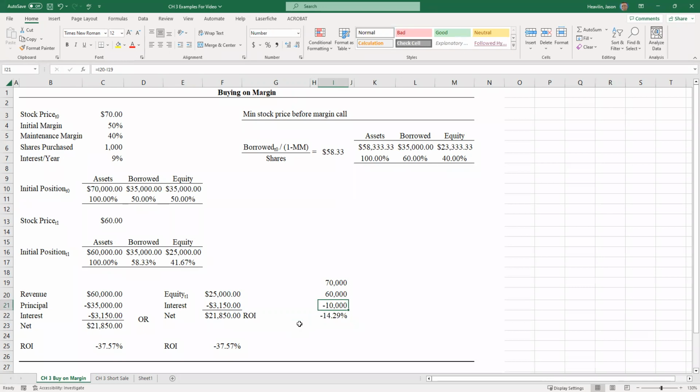Now, that's to show you how financial leverage works. If it would have gone up in price, you would have had a much larger ROI by borrowing than paying yourself. If you would have lost while borrowing, your ROI is a greater loss. And that's what happens with financial leverage. It can magnify your earnings, your returns, but can also magnify your losses.